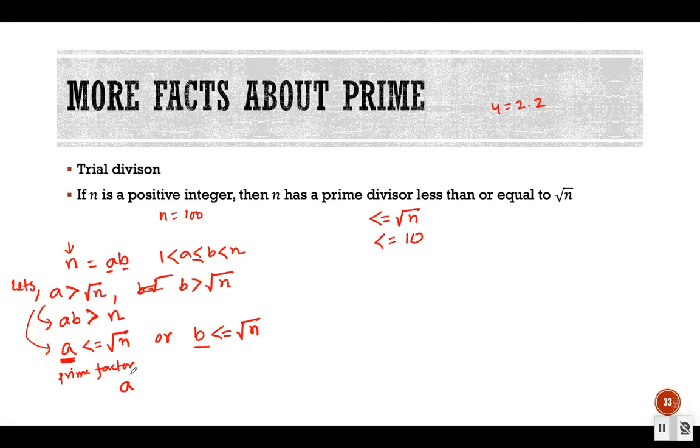Then it proves our theorem: if a is a prime factor and b is a normal number, one prime factor has to be less than or equal to the square root of n.